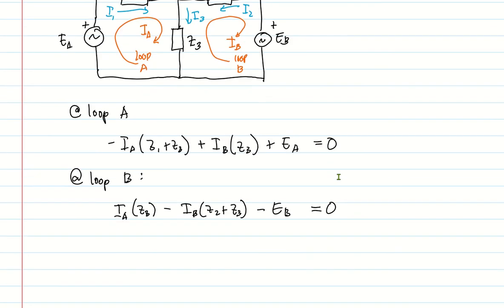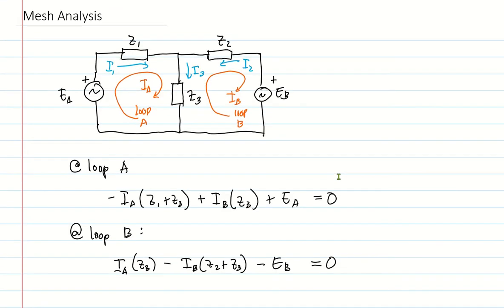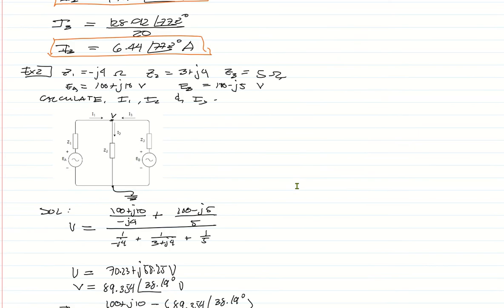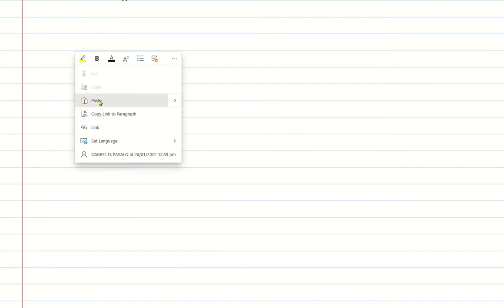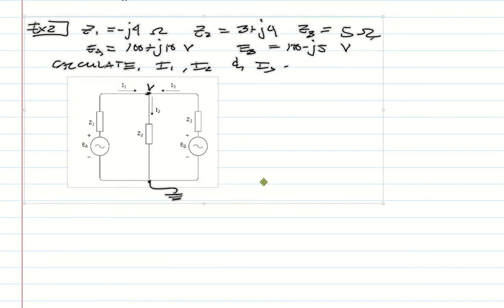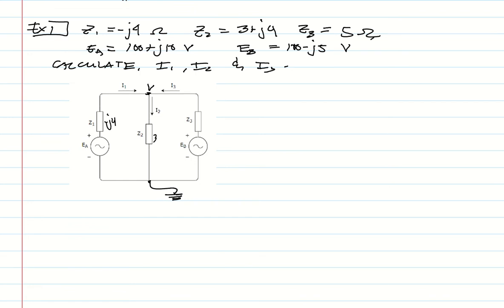Now we take an example. Let's take the example that we did in the nodal analysis and solve it through mesh analysis. Calculate I1, I2, and I3 if Z1 is equal to negative j4, Z2 is 3 plus j4, and Z3 is just 5 ohms.